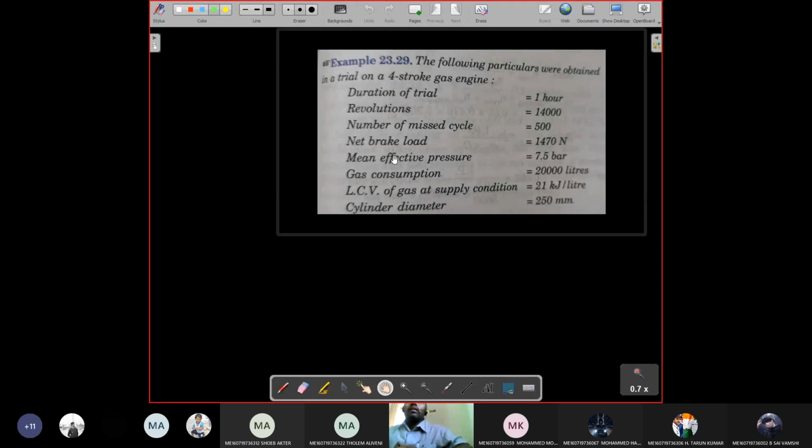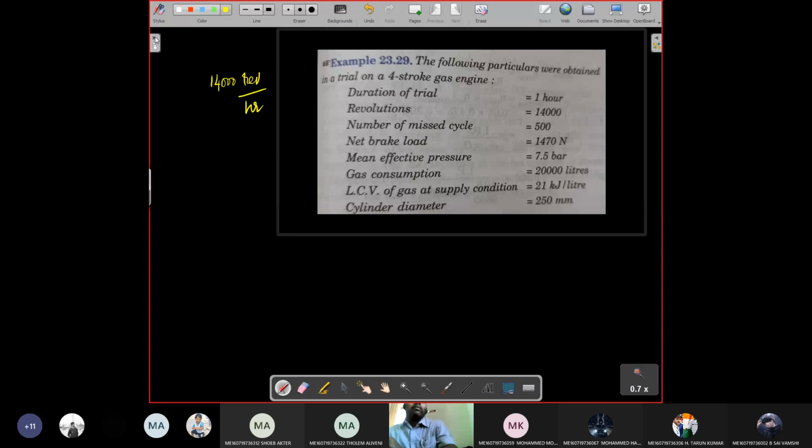Duration of trial is 1 hour and revolutions is given, 14,000. That is revolutions per hour, not RPM, because the duration is one hour. Then the number of missed cycles, 500 missed cycles, and net brake load, mean effective pressure, gas consumption, calorific value of the gas, and cylinder diameter.